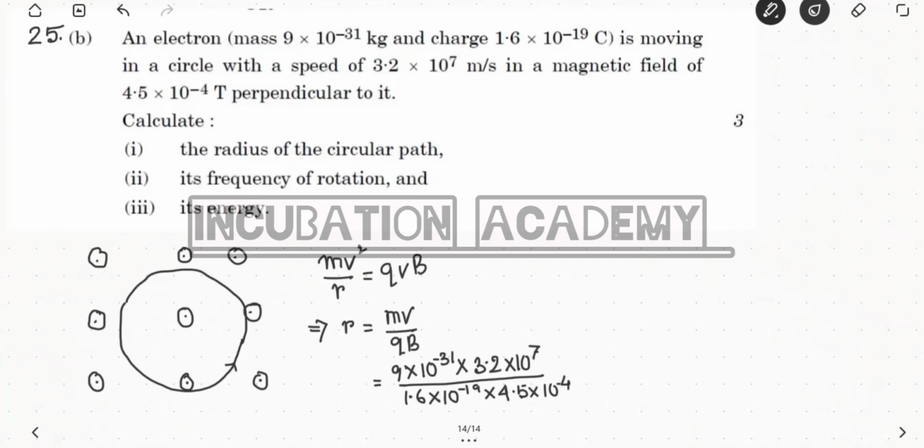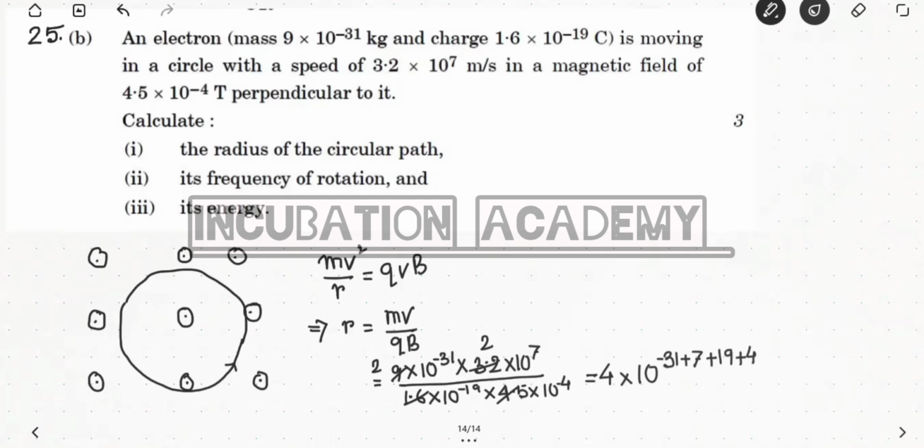Very simply, 1.6 and 3.2 cancel out and become 2, and 4.5 and 9 cancel out and become 2. So it becomes 4 × 10^(-31+7), then minus 19 goes up so plus 19, and minus 4 goes up so plus 4.